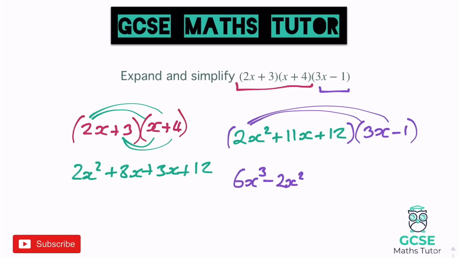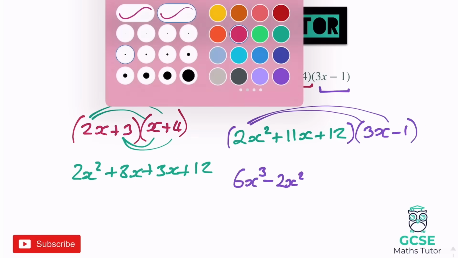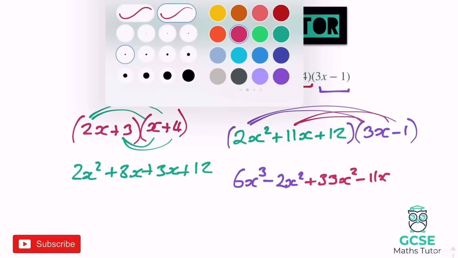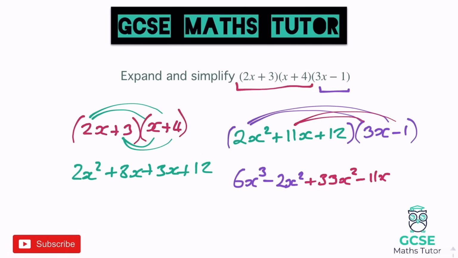Onto the 11x. So 11x times 3x is 33x squared, positive 33x squared again. And then 11x times negative 1 is a negative 11x. Two more to finish this off. 12 times 3x is 36x. And then 12 times minus 1 is minus 12. Right, there we go. We just need to tidy all this up now because we've got a lot of pieces there.